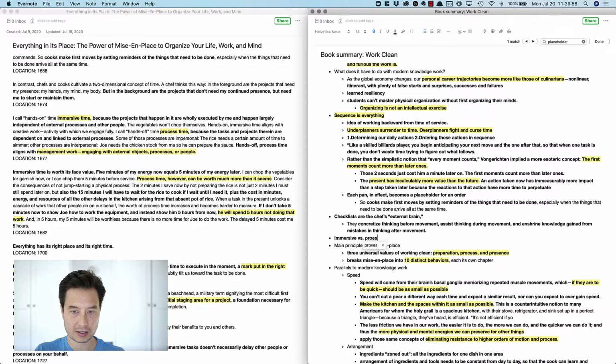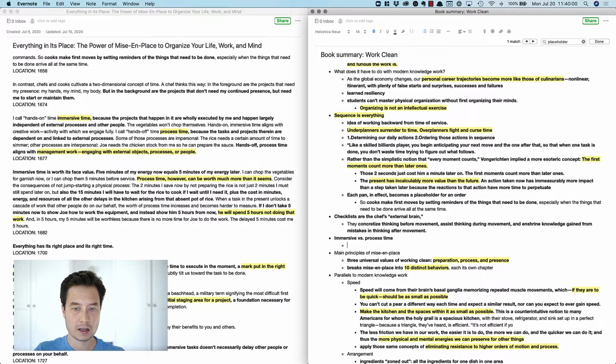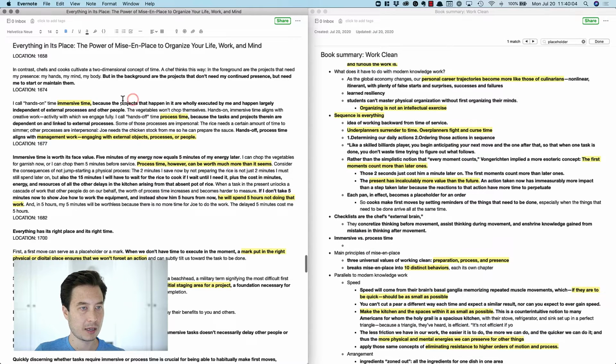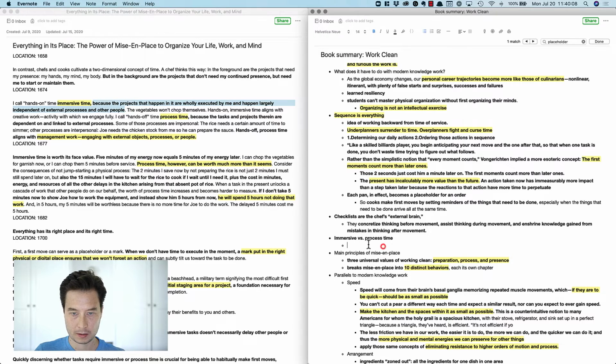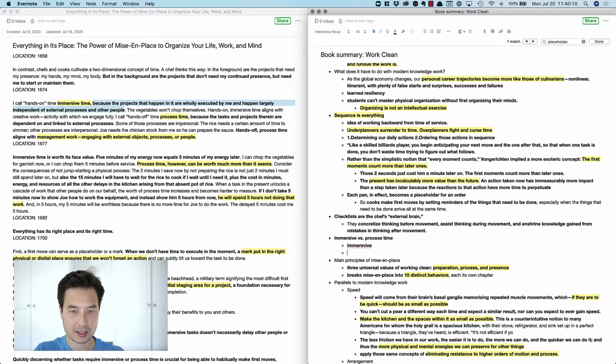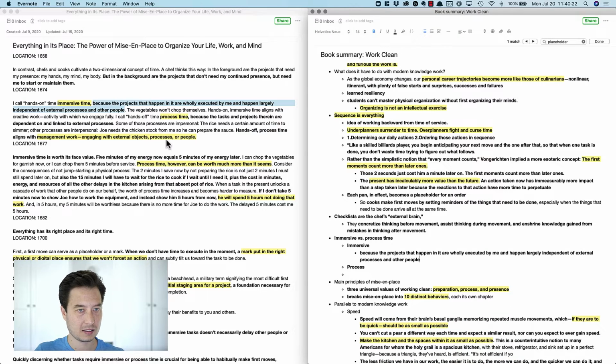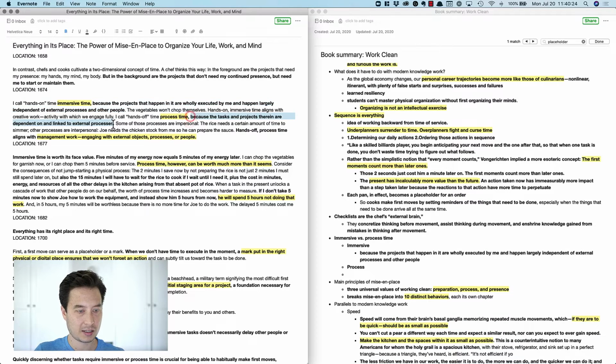Versus process time. I'm not sure this is so relevant to what I'm doing, but basically immersive time. So let's do subheadings here. So immersive time is that, and process time is this.